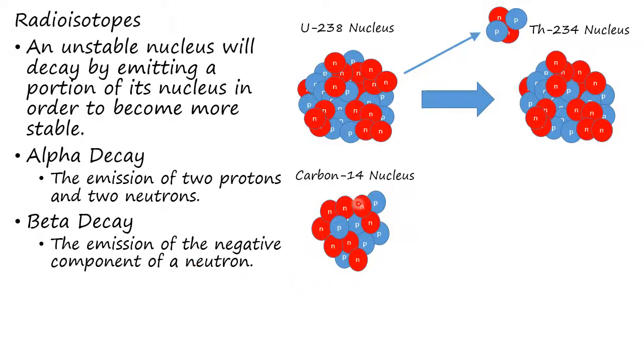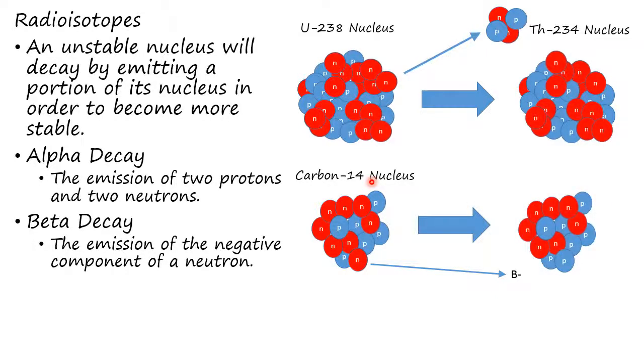Looking at carbon-14, as we just discussed, carbon-14 has 2 extra neutrons. So it's not at a 1-to-1 ratio, and it's unstable, so it's considered a radioisotope. But through the emission of a beta particle, carbon-14 will have a neutron turn into a proton, which will adjust its neutron to proton ratio.